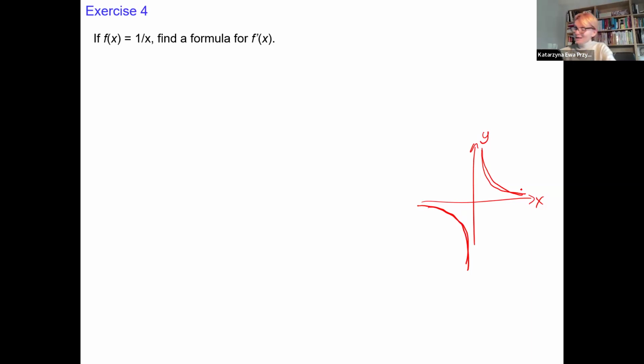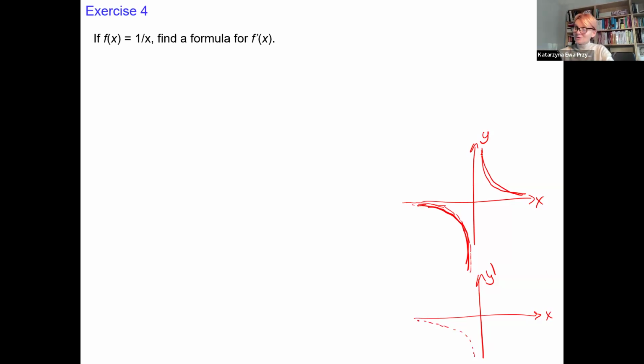The formula and the graph must be negative. Okay, negative. Can we predict the graph? This is y, and let's say this is y prime. What is the slope here? Small, yes, really small, not steep, small negative. That means somewhere here. And then it's getting steeper and steeper in the negative direction.